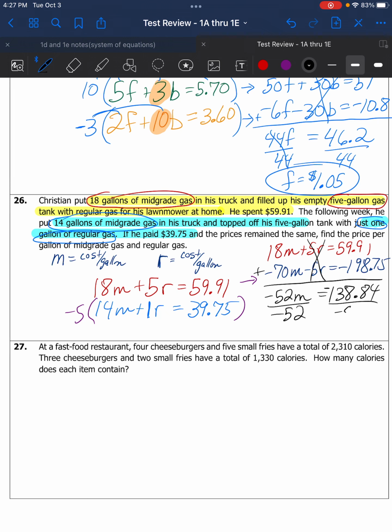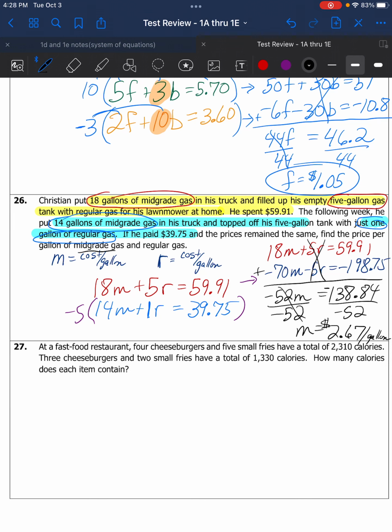Divide by negative 52, divide by negative 52, and we get M equals $2.67. So mid-grade gas was $2.67 per gallon. Is that what the question's asking? Oh, mid-grade and regular. Okay.